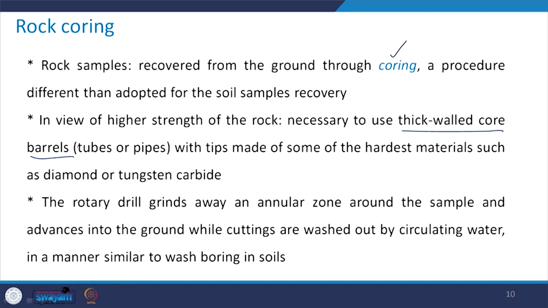Okay. So, the point is the extraction process of rock is very much different than that of soil. In view of the high strength of rocks, one has to use the hardest material in order to extract the sample from the ground.